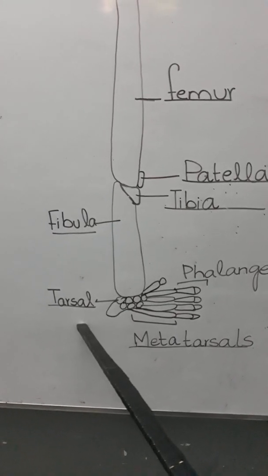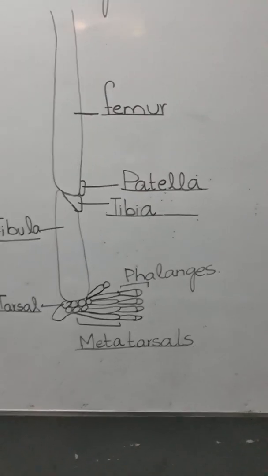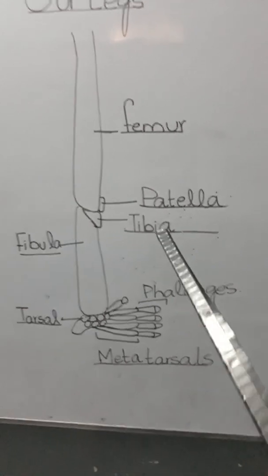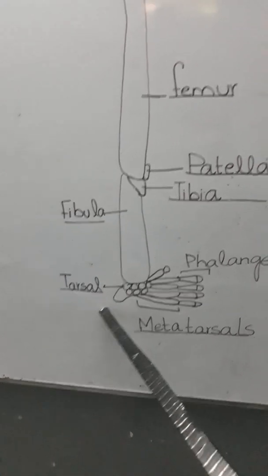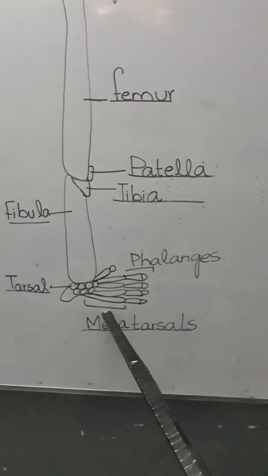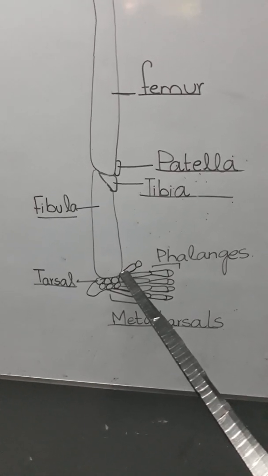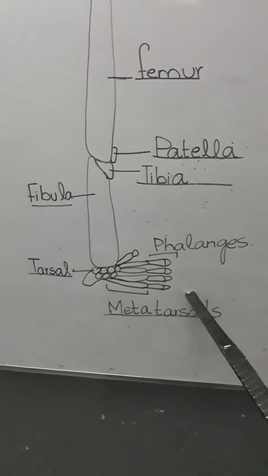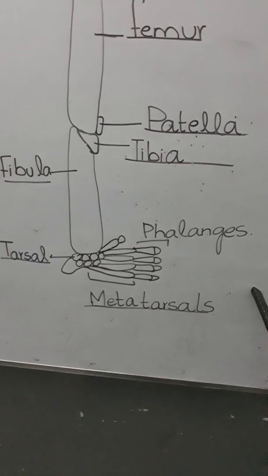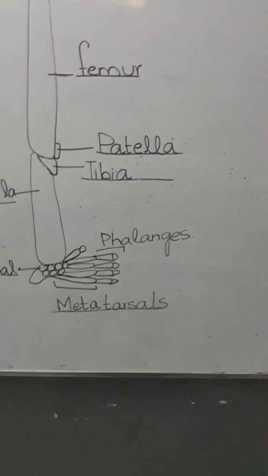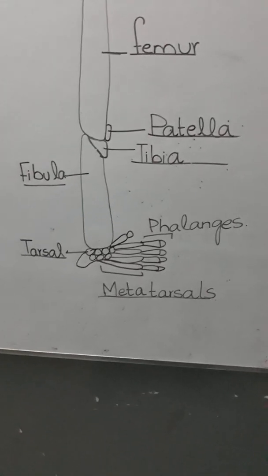Tarsal, femur, patella, kneecap, tibia, fibula, tarsal, metatarsals and phalanges. Okay, this is the thumb. The big toe consists of 2 bones and phalanges are the bones of the fingers of the foot. Tarsals are the bones on the heel.